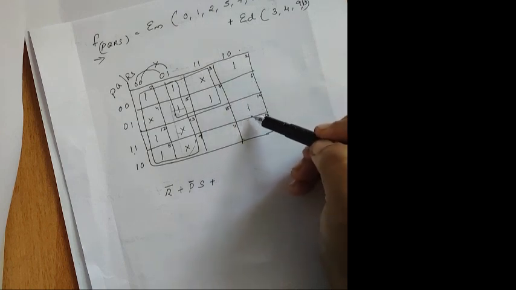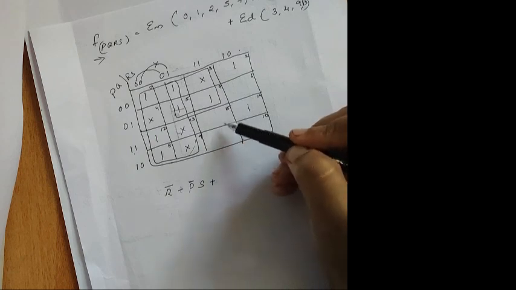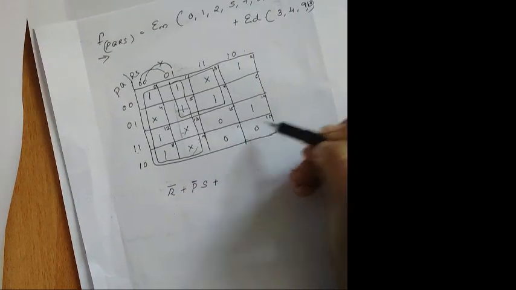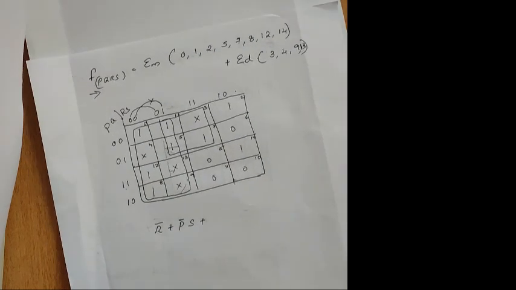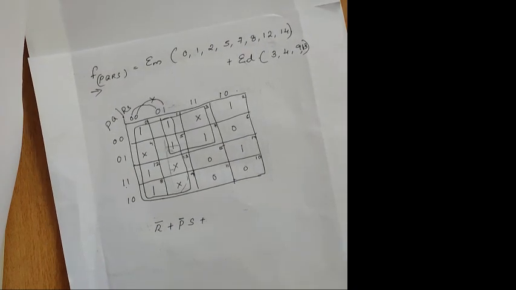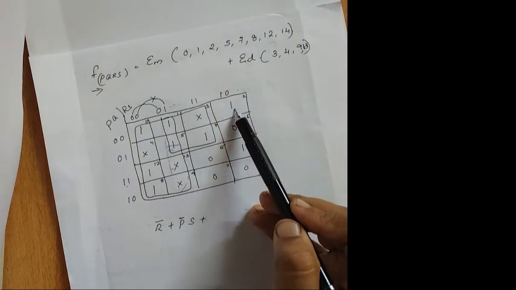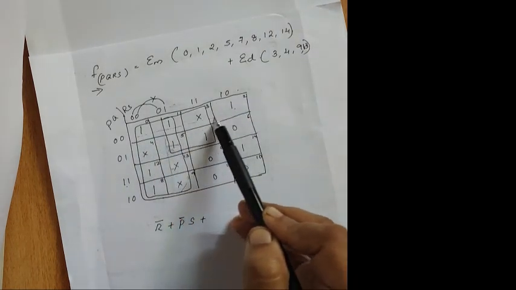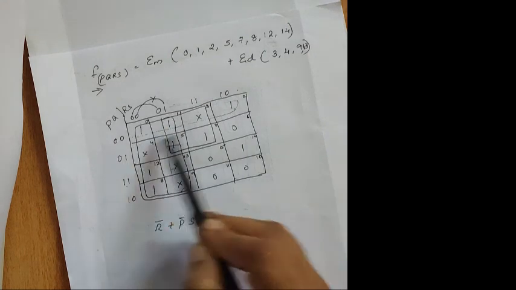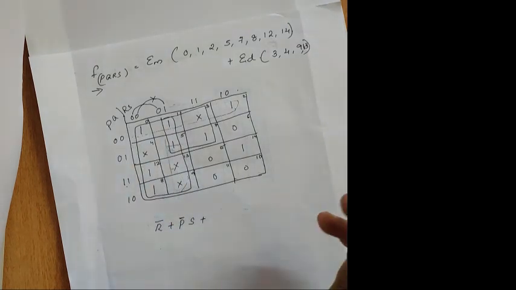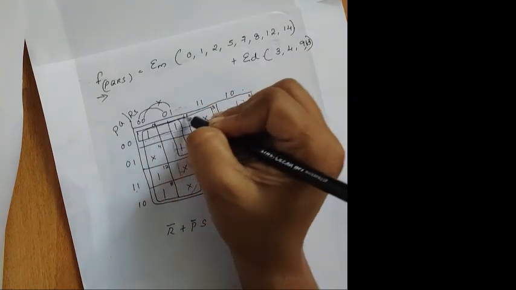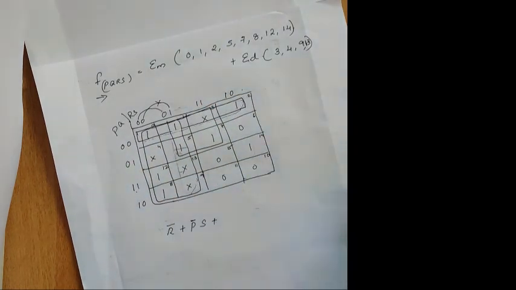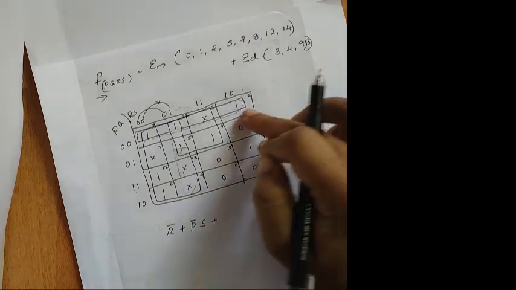Here I can't group this with any other because all the terms around this is 0. No terms are there. No don't care is given over there. No 1 is given over there. So it is taken as 0. So what happens? Look at this. For taking this, I can consider this also, no? As a 4-bit data. Isn't it? So I can take this.